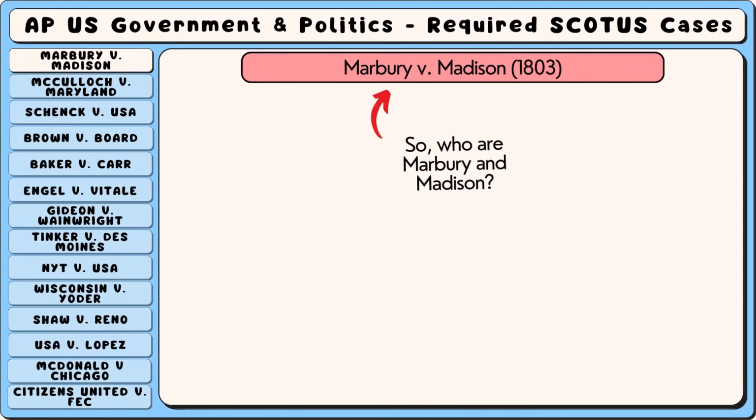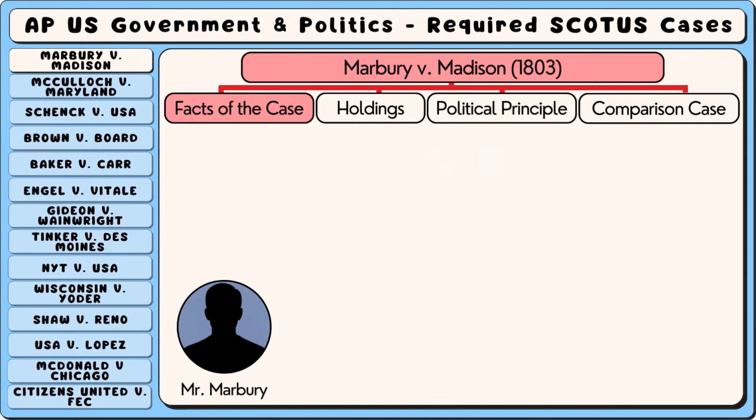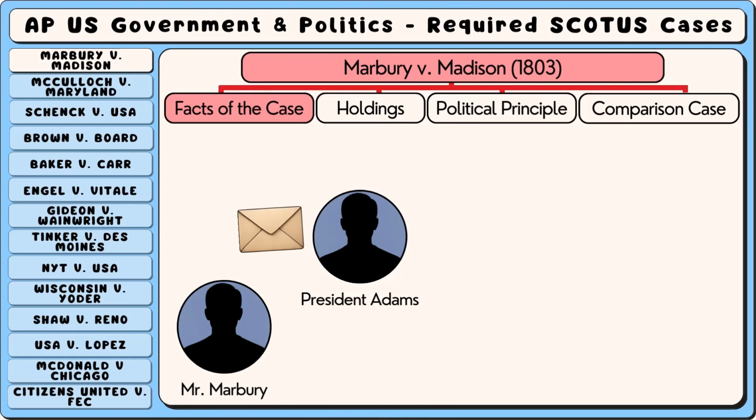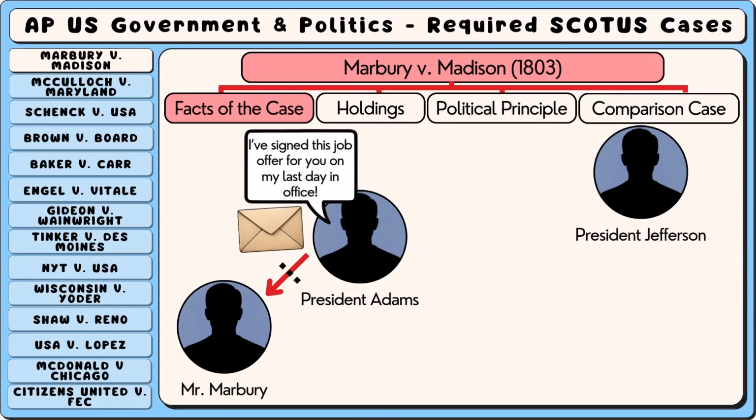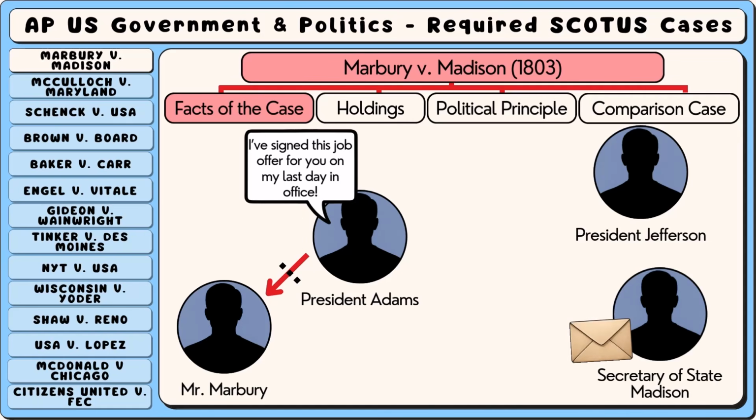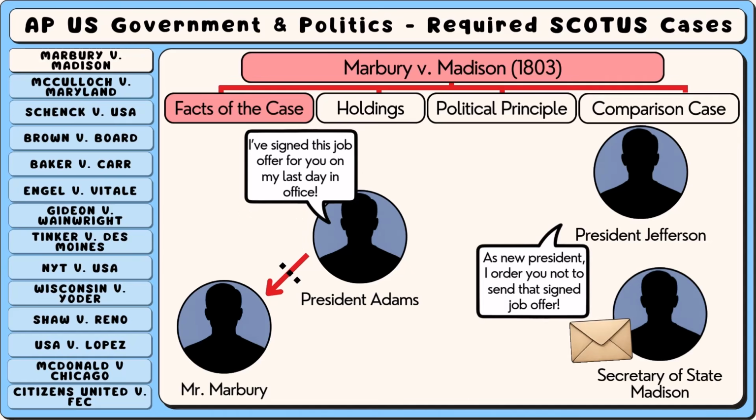First, you might be wondering who Marbury and Madison were. Essentially, the court was presented with a case where one man, Marbury, was issued an official appointment for a job by the outgoing president, John Adams. Adams had written, signed, and sealed the appointment on his last day in office. But the appointment letter was never delivered. The new president, Thomas Jefferson, then came into office and ordered his Secretary of State, James Madison, not to send the document to Marbury.